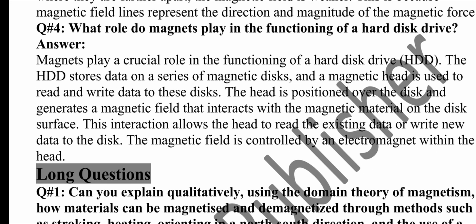Question number 4. What role do magnets play in the functioning of a hard disk drive? Answer: magnets play a crucial role in the functioning of a hard disk drive. The hard disk drive stores data on a series of magnetic disks, and a magnetic head is used to read and write data to these disks.